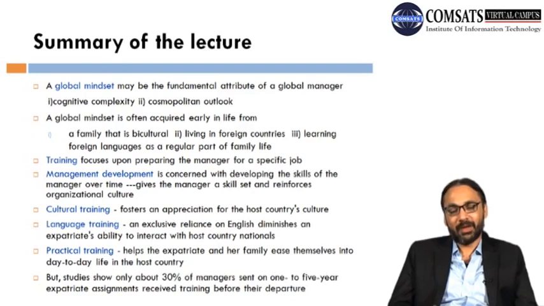The second way is that the expatriate manager has lived in several countries in childhood or during the education period. Then that means the person has an orientation with different cultures.